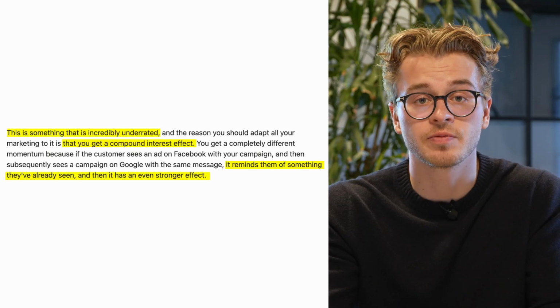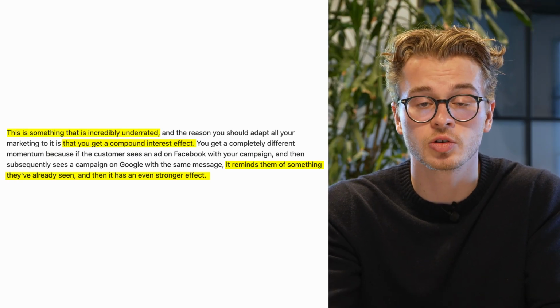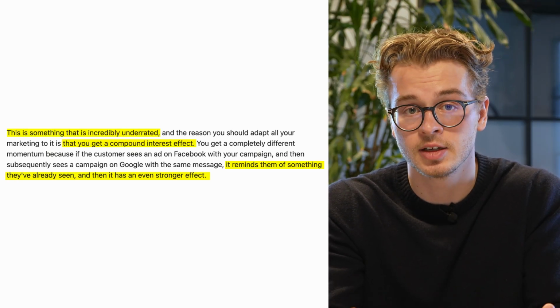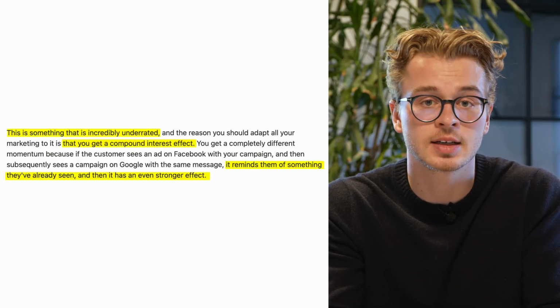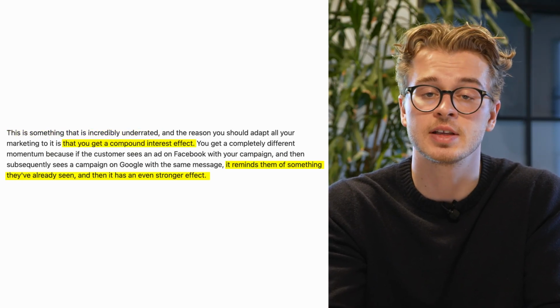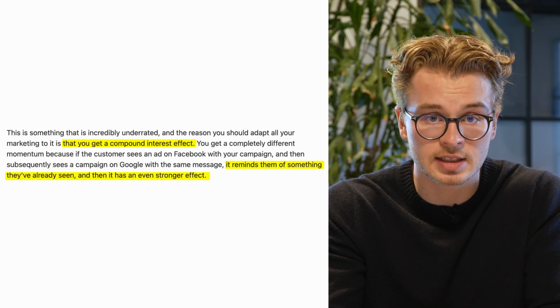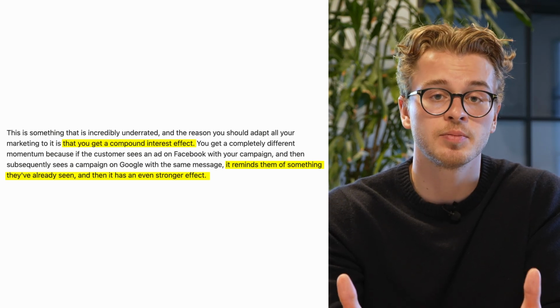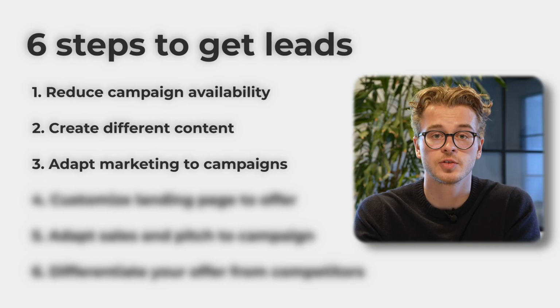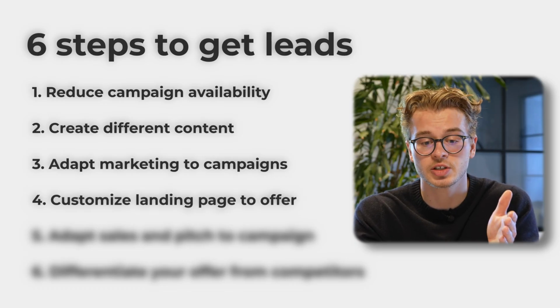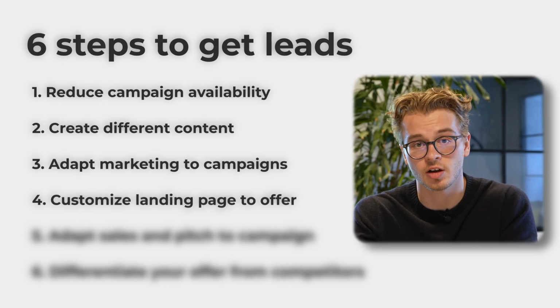This is also something we in the marketing world call being top of mind, to always be remembered by the client. And if you come out with the same campaign, the same texting, the same offering, it has a much bigger compounding effect.